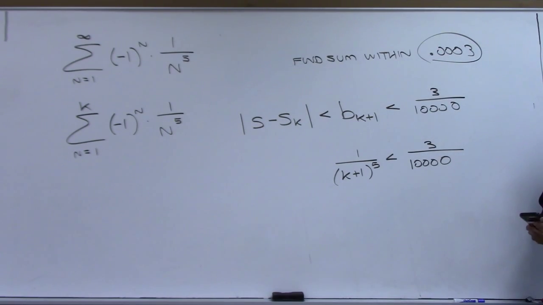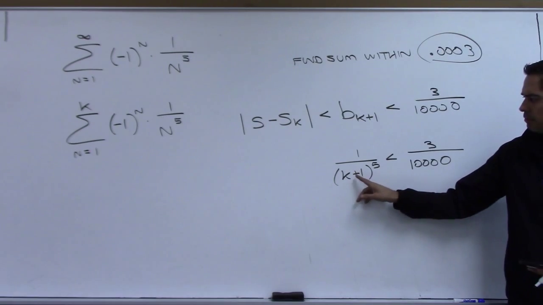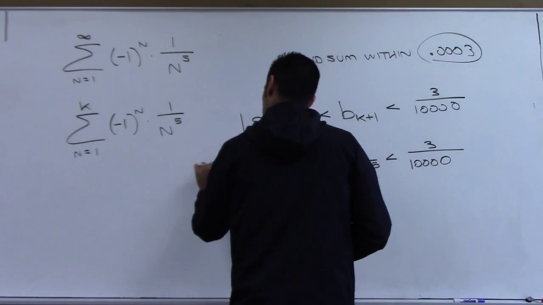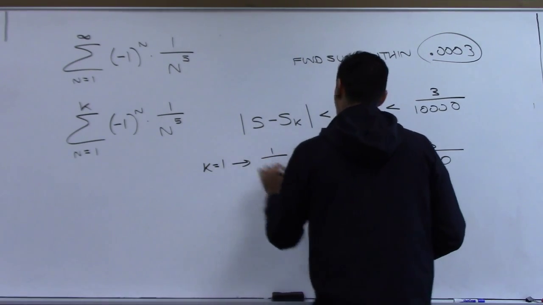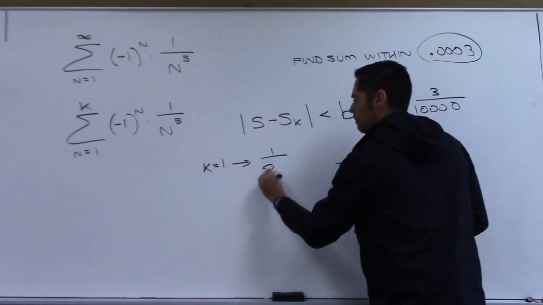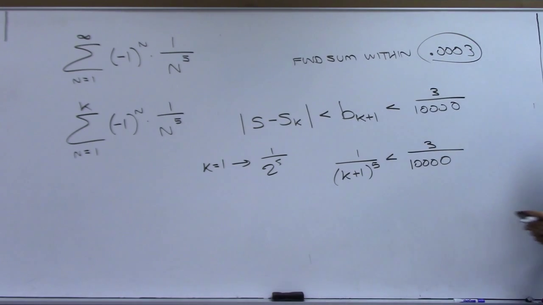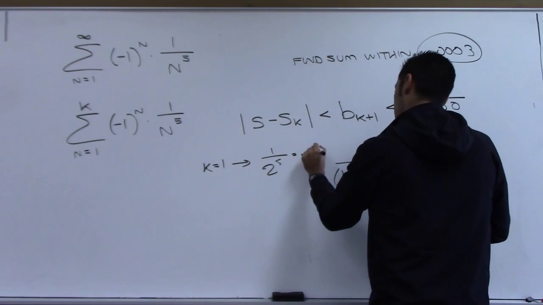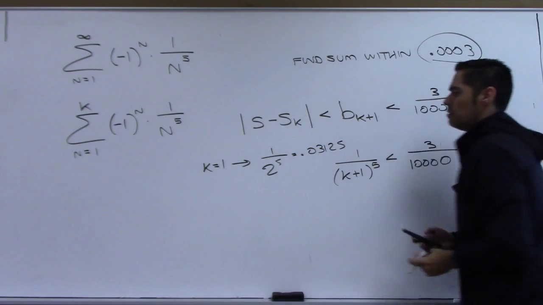Let me try k being 1. What happens if I let k be 1? I get 1 over 2 to the 5th. What's 1 divided by 2 to the 5th? It is 0.03125. All right?